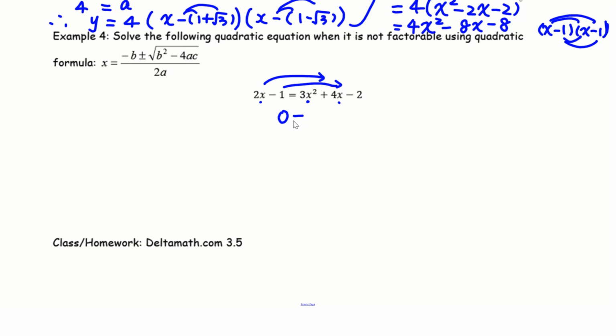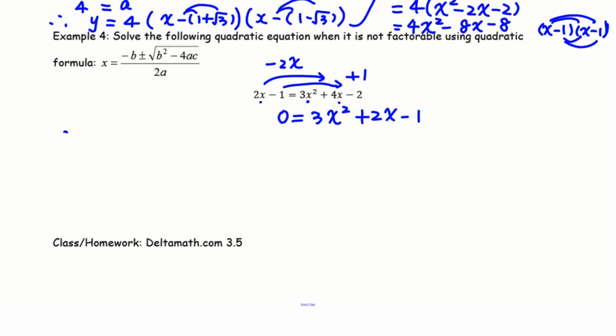Make sure we are solving for the zeros. So we move the 2x to the other side, it is minus 2x, minus 1, opposite operation is plus 1. Then collect the like terms. We have 3x squared plus 2x plus 1, then we are going to see minus 1, sorry. So minus 2 plus 1 gives you minus 1.